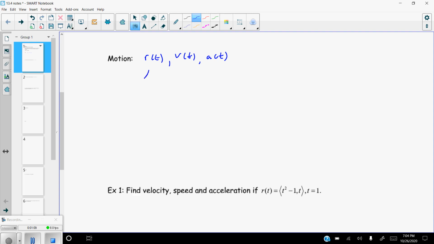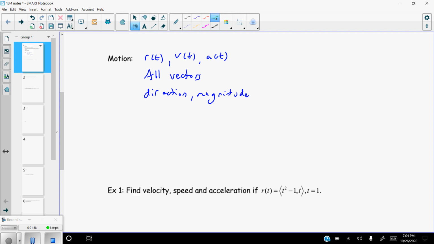All of these are vectors, which means that they all have direction and magnitude. All right, and as you would expect, just like position, velocity, and acceleration in 2 dimensions, in 3 dimensions, it's the same basic principle.